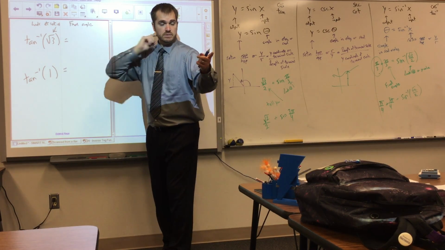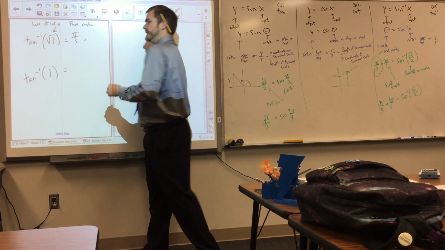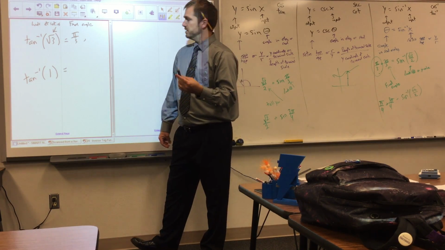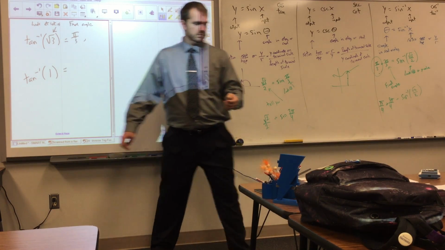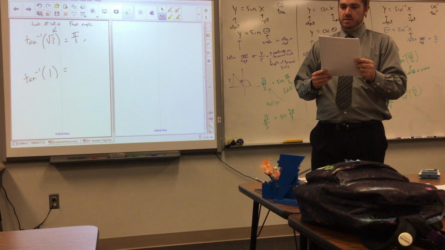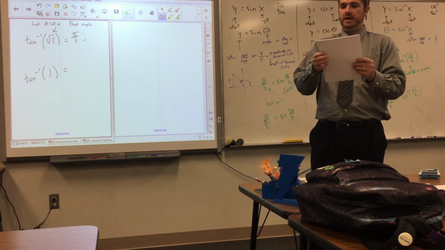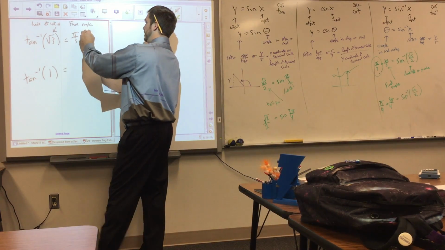Anybody? I hear pi over 3, as well as, was it 7 pi over 3 or 4 pi over 3? 4 pi over 3 is the correct other option.